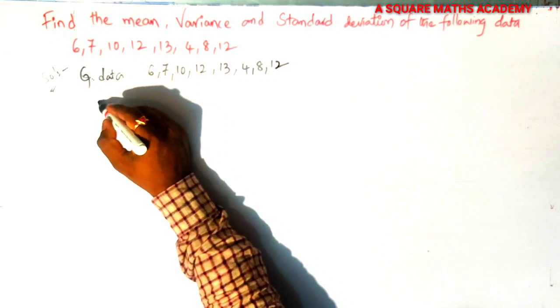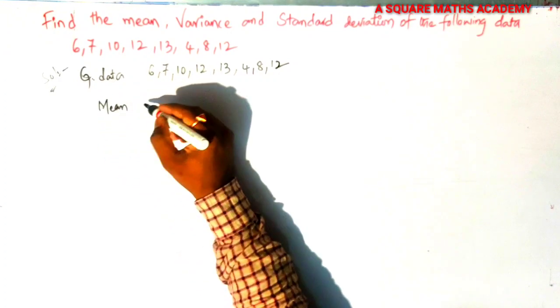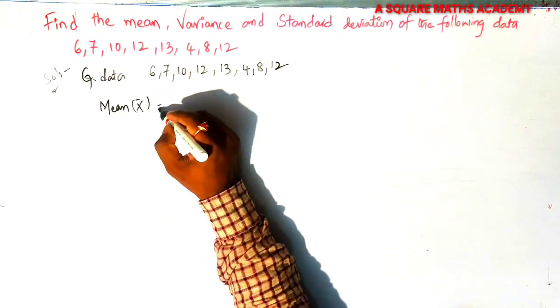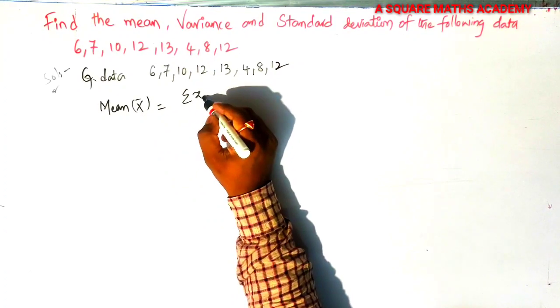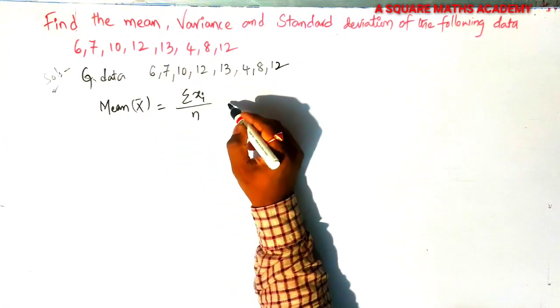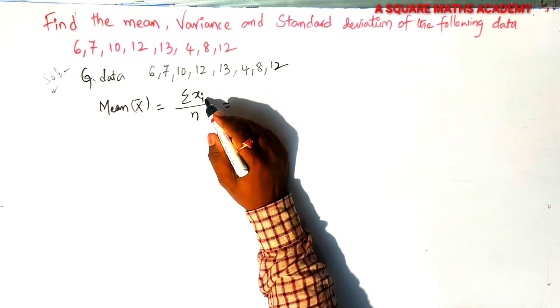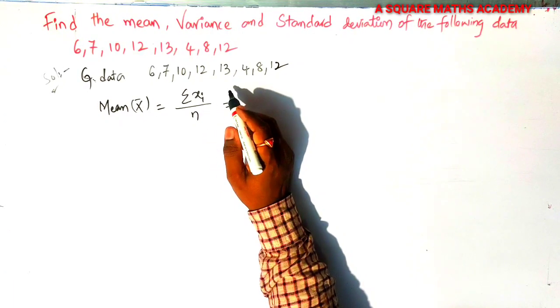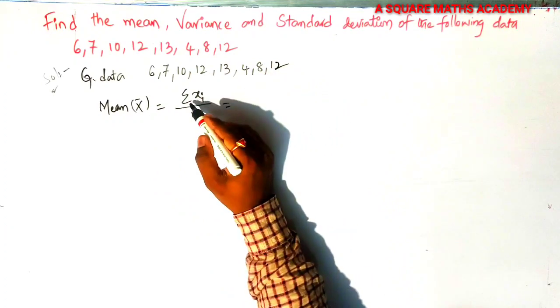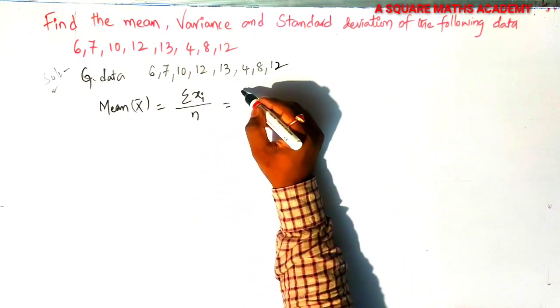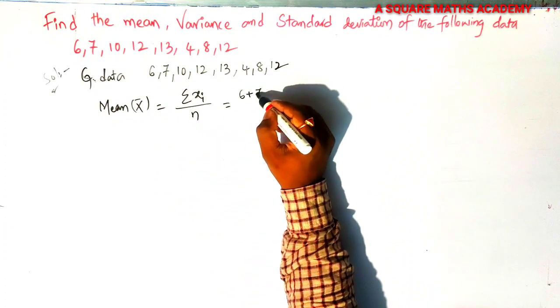So now we find out the mean. Mean is nothing but x bar, that is summation of xi divided by n. Summation of xi is nothing but the given variables xi equals the first variable, second variable, like that here. Given observations, clear? So summation of xi is nothing but the sum of the given total data.